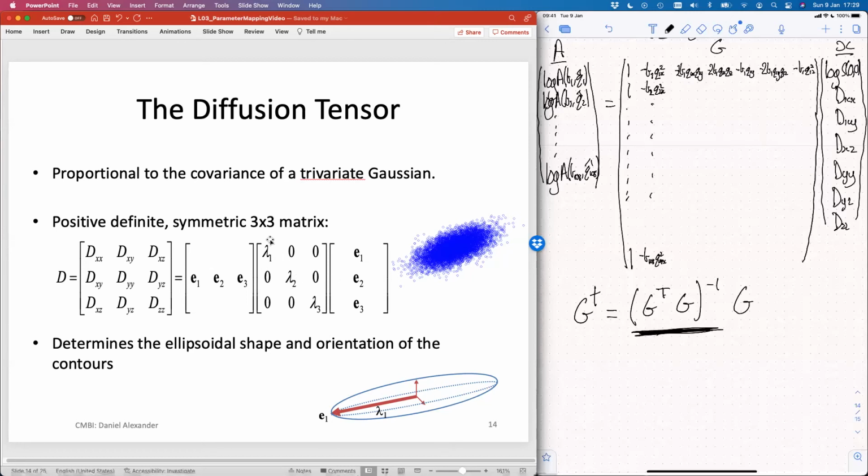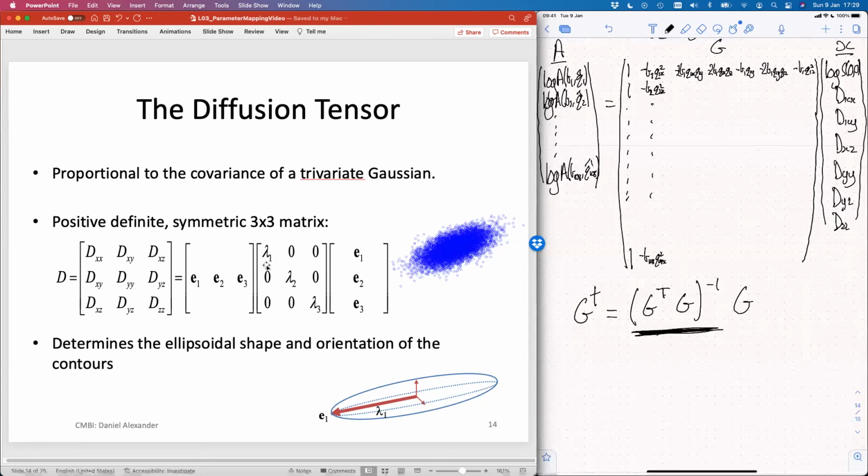So the largest eigenvalue is the relative length of the longest axis of the ellipsoidal contours. The smallest eigenvalue is the length of the shortest axis. And the eigenvectors of D define the orientations of those major and minor axes.